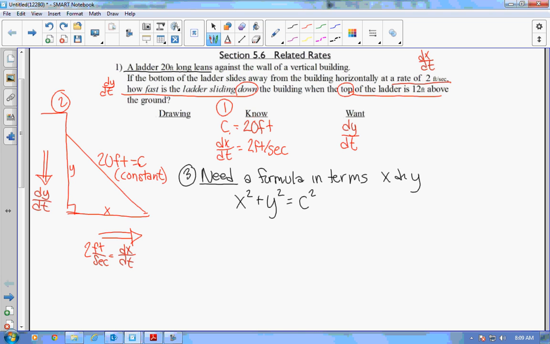We want only y's. But we have x's and y's. We know c is a constant, so that's going to be okay. We have x's and y's. How can we get into terms of only y's?